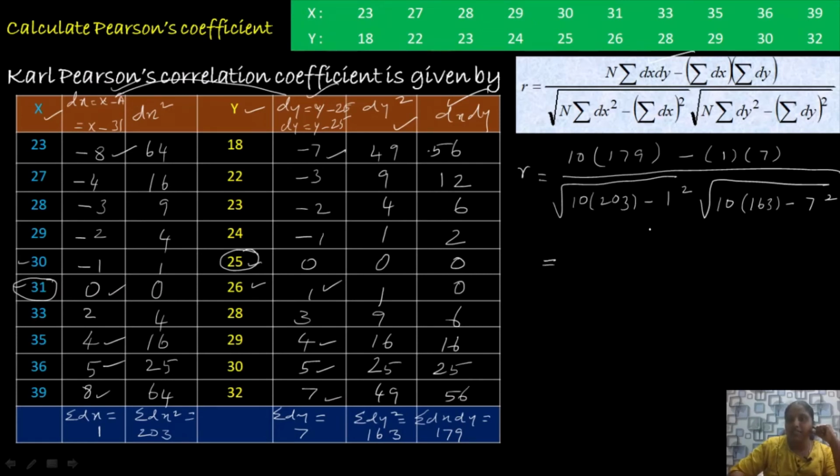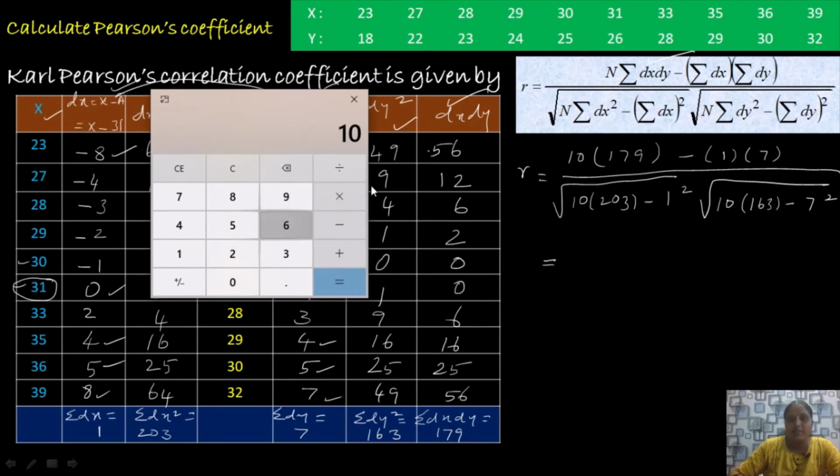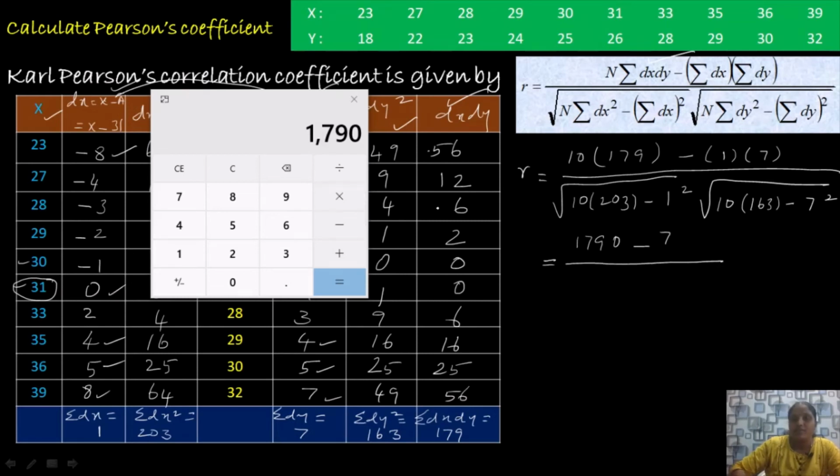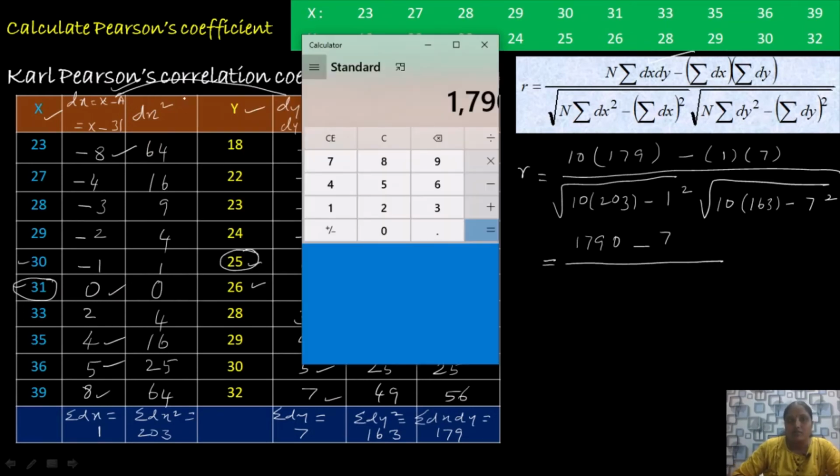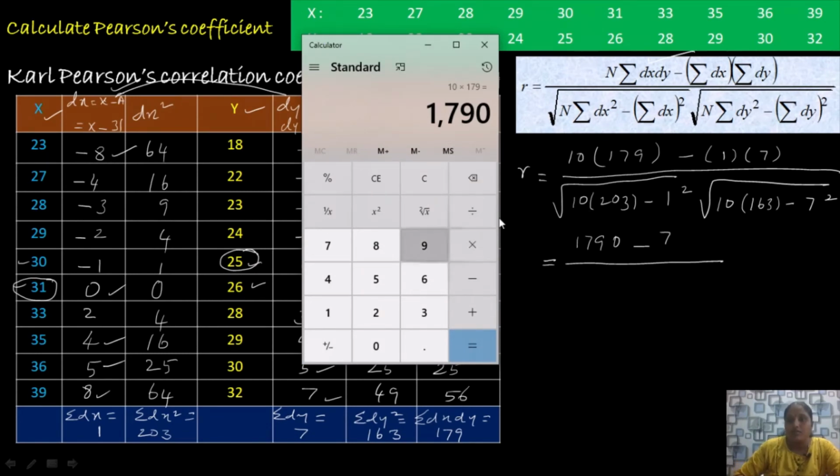Simplifying this, we get 10 multiplied by 179, which is 1790, minus 1 times 7, which is 7, whole divided by the square root of 10 multiplied by 203, we get 2030, minus 1 square, which is 1.